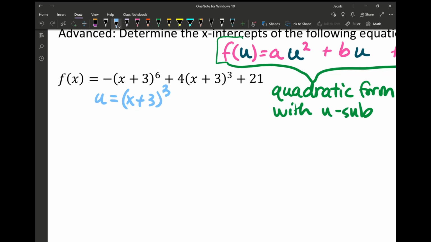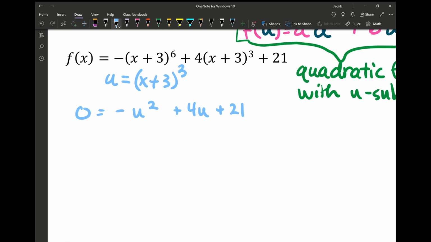We should get negative u squared plus 4u plus 21. So we have replaced x plus 3 cubed with u.